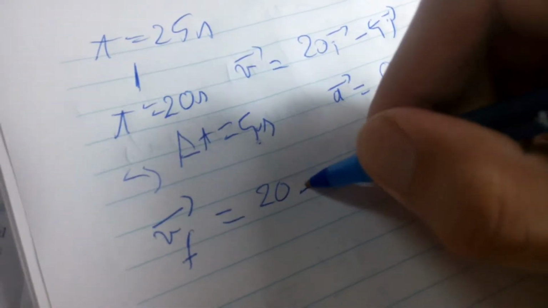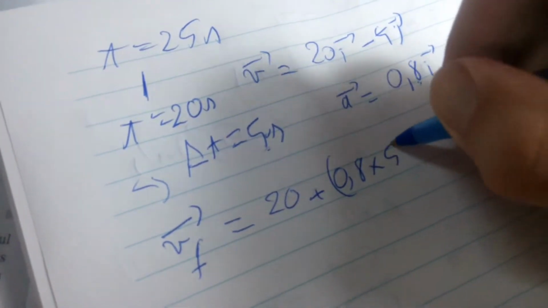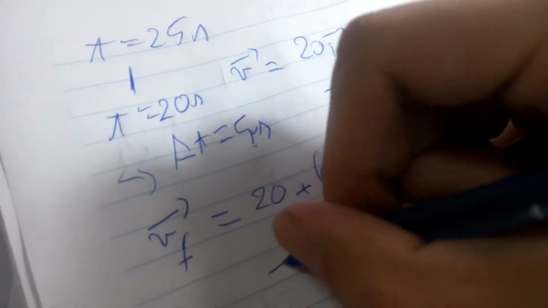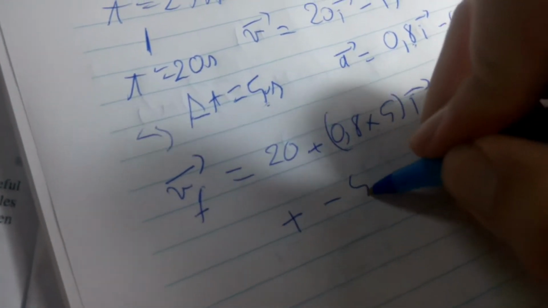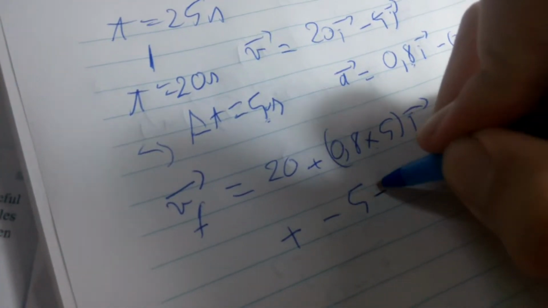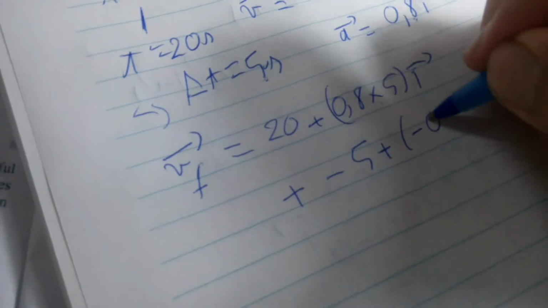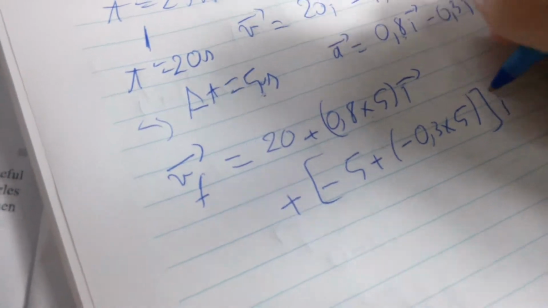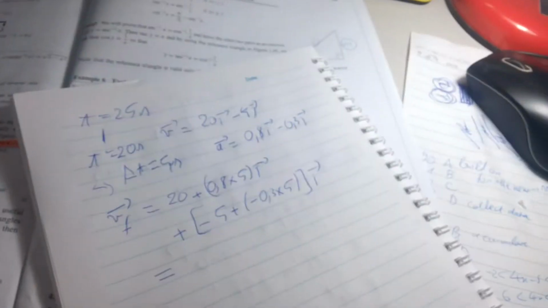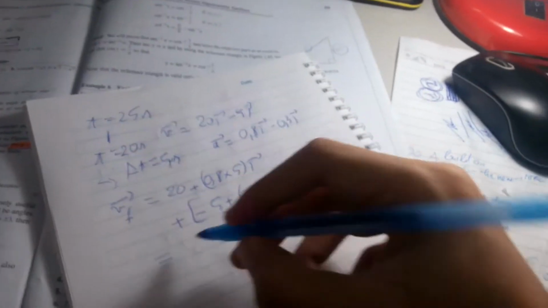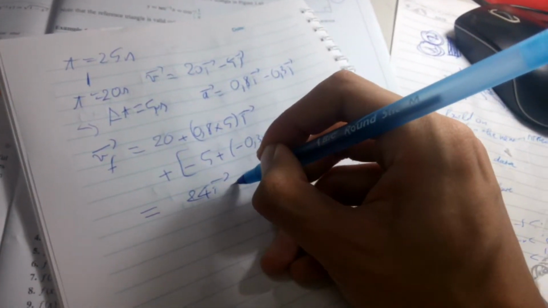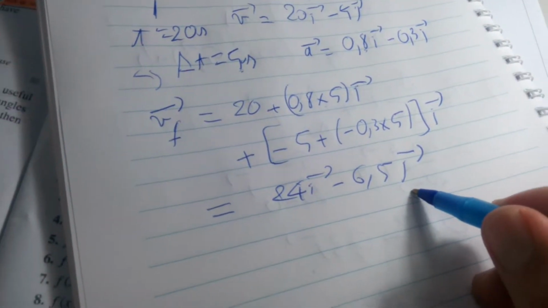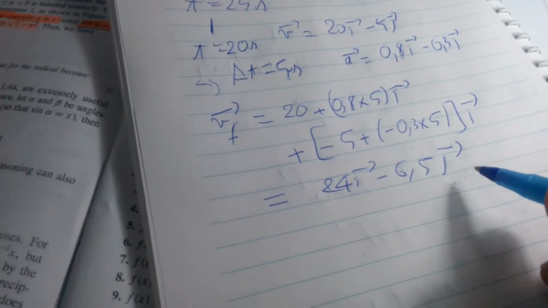So 20 plus 0.8 times 5 in i, plus minus 5 plus minus 0.3 times 5 in the vector j. Eventually it will be 24i minus 6.5j. Here's the new velocity.